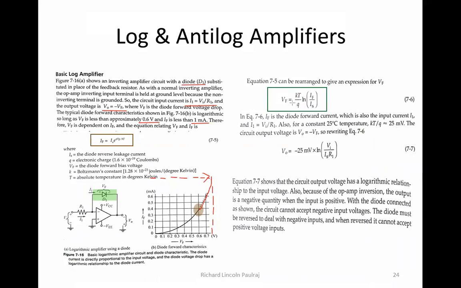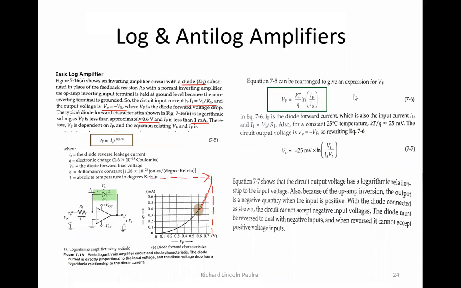So Vf is equal to kT by q, and then if Is comes down, and I take ln of If by Is.